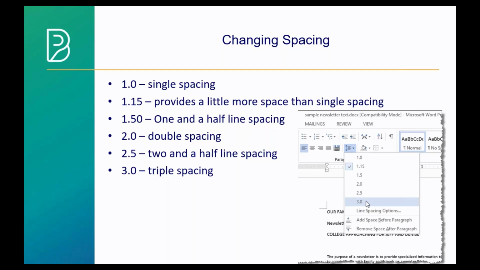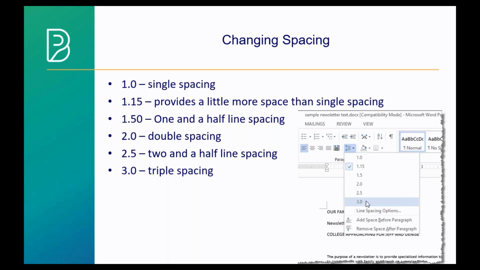When you highlight an option on the line and paragraph spacing menu, Word provides a preview of that option without having to select it. The line spacing options open the paragraph formatting dialog box, which we'll discuss later in this module.